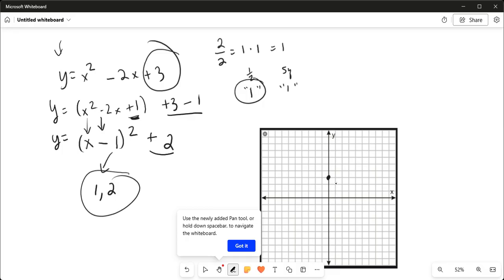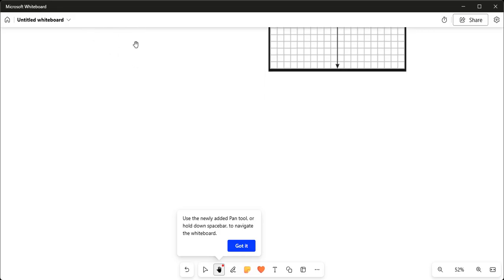So this is our axis of symmetry. That means our other point is going to be right here. And that's our parabola. Okay, so that's practice problem A on page 418. Now let's go on and do practice problem B.